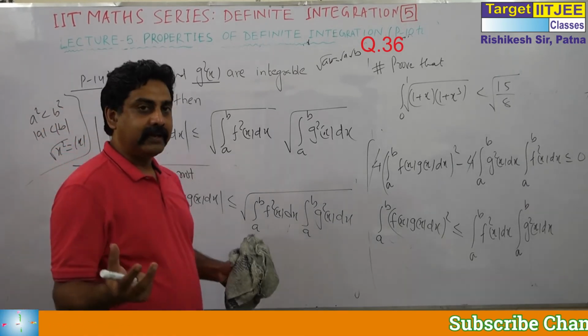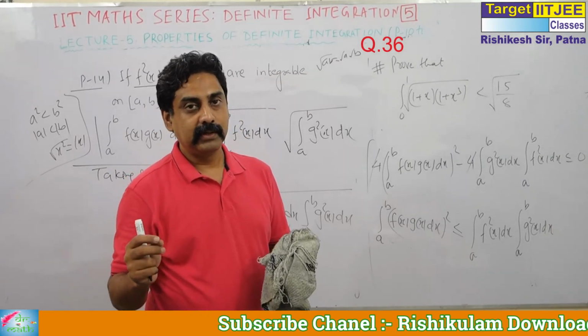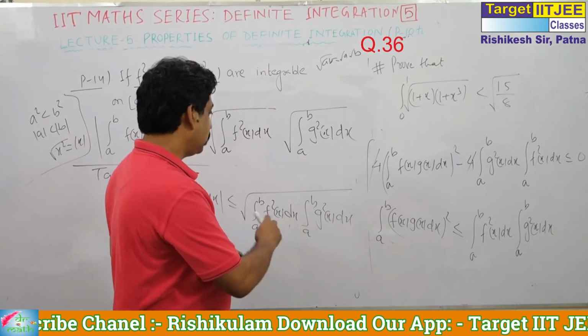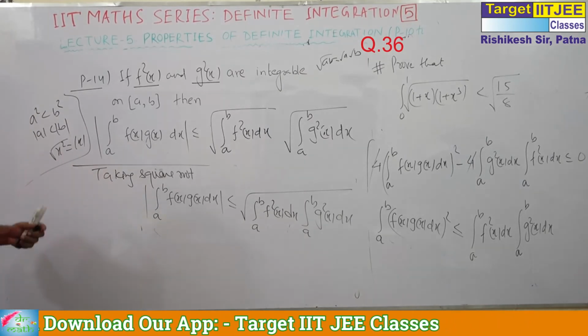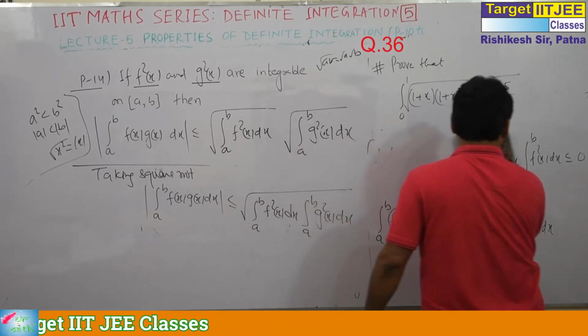When does the sign of equality hold? When lambda g(x) is equal to f(x). For identical functions it holds, but it doesn't matter here.